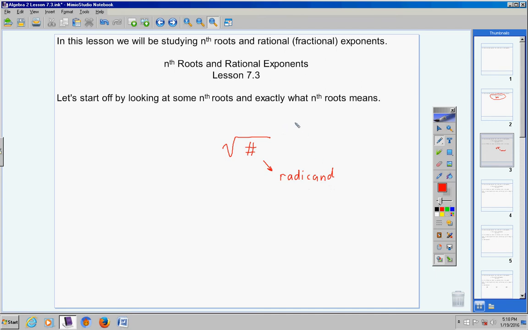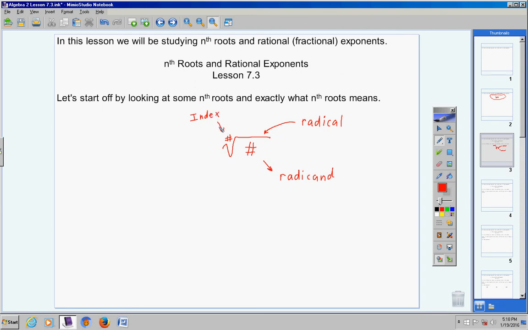This actual box here is called your radical. That's why I just said the number under the radical is the radicand. This number right here, the second root or third root or fourth, whatever this number is, that's called your index. It's very important you know these three terms.